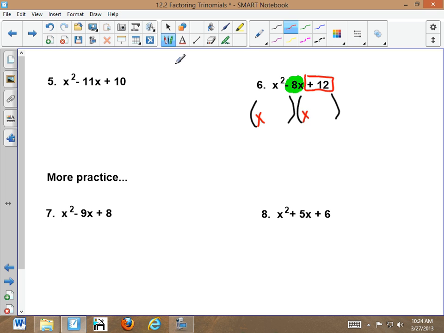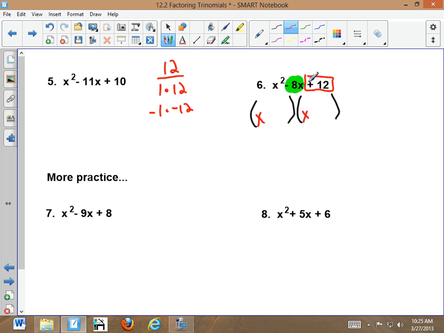I'm going to list the multiples of 12. What two numbers multiplied together can give me 12? Always start with 1. 1 times 12 gives me 12, right? However, I can also do negative 1 times negative 12 to get positive 12. So those are my multiples.